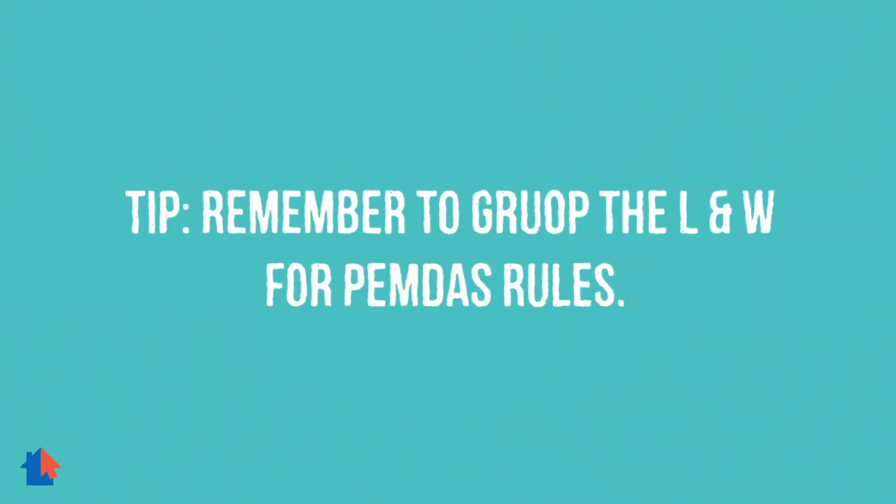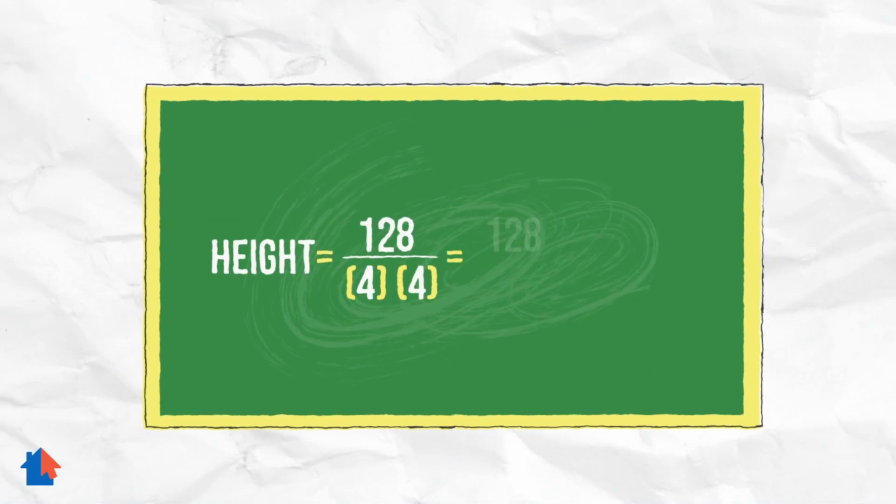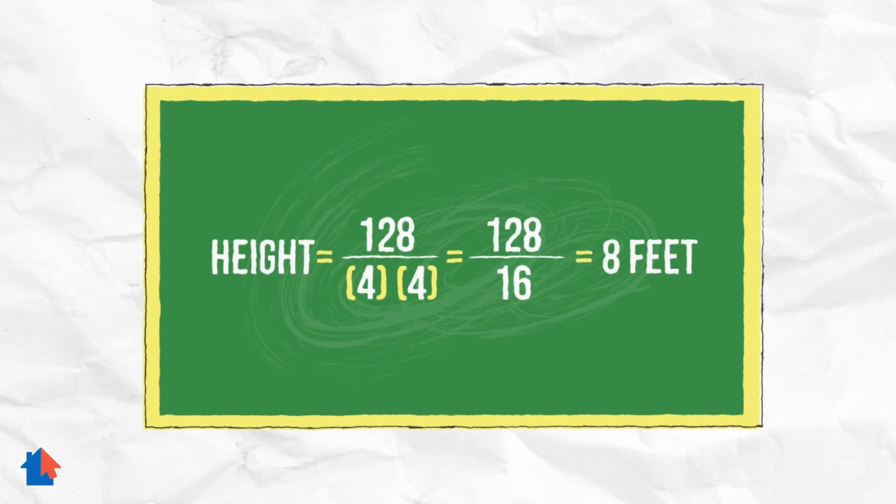Tip: remember to group the L and W for PEMDAS rules. Height equals 128 divided by 4 times 4 equals 128 divided by 16 equals 8 feet. The box must be 8 feet high to have a volume of 128 feet cubed.